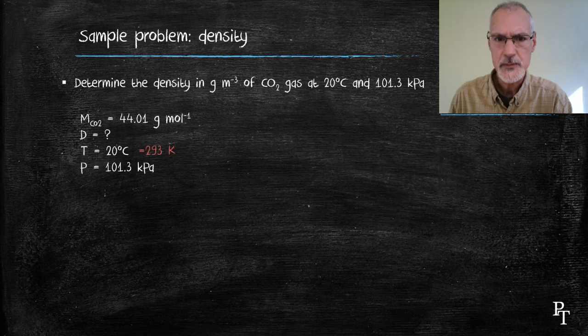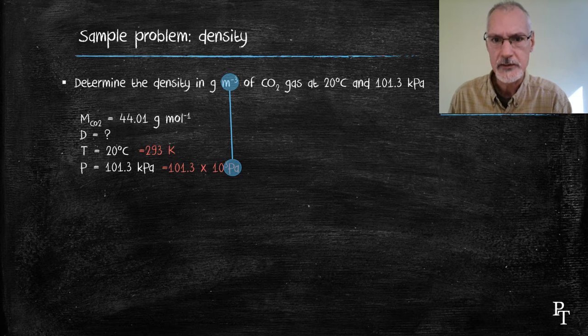Again, the temperature must be expressed in Kelvin. And I notice here that they require my density in units of volume that are cubic meters. For that reason, I'm going to change my units of pressure into pascals by replacing the kilo with times 10 to the 3. So 101.3 times 10 to the 3 pascals will be my pressure.